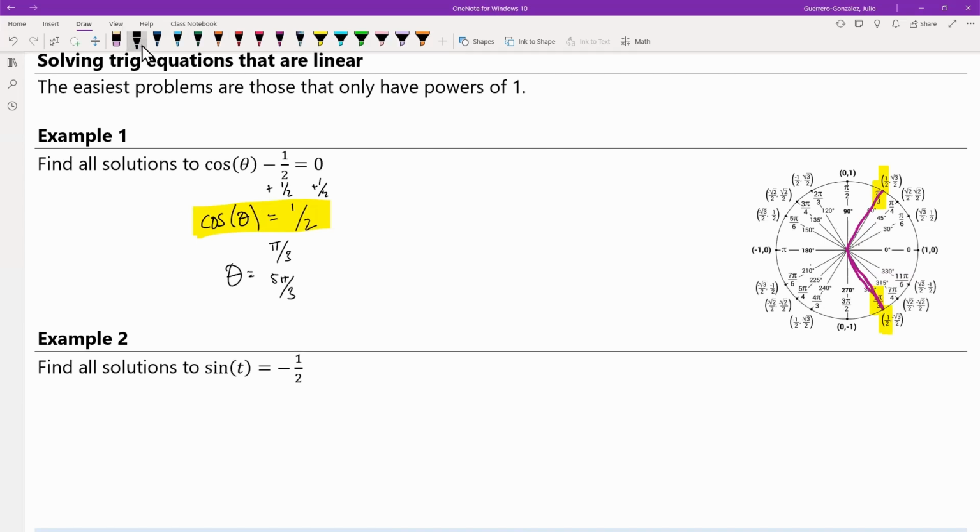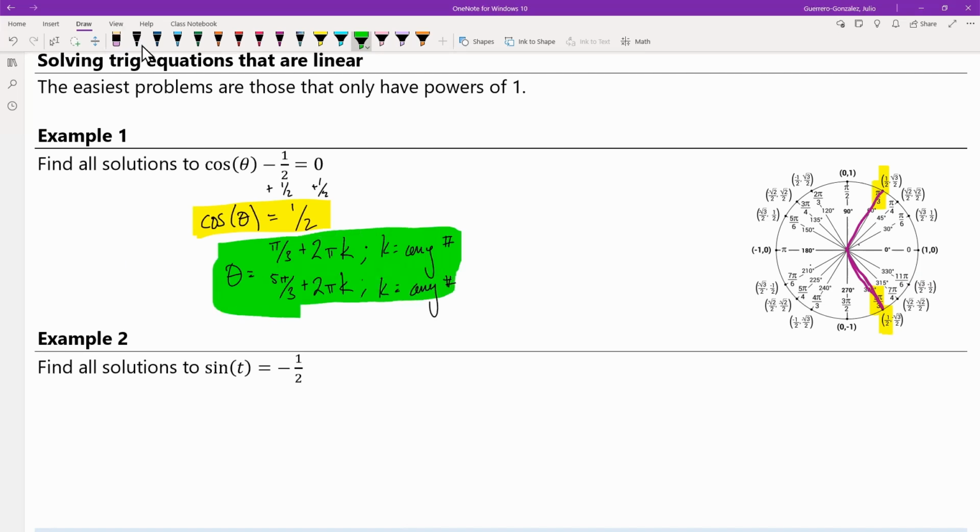So that means I have to amend my answer a little bit so I can capture all of those. The way we do that is plus 2 pi times k, and then we say k is any integer. Bam. This is our complete answer right here.